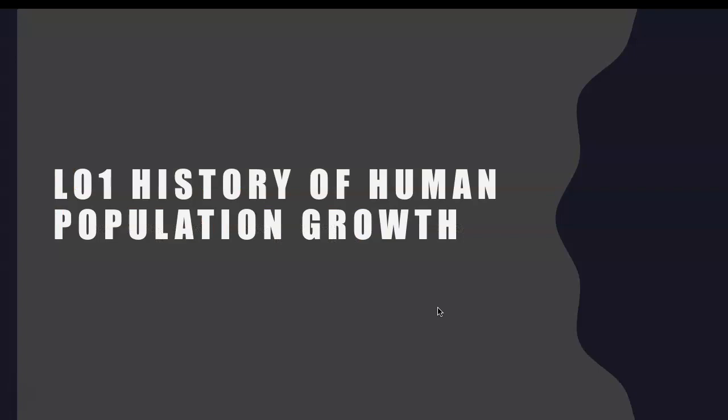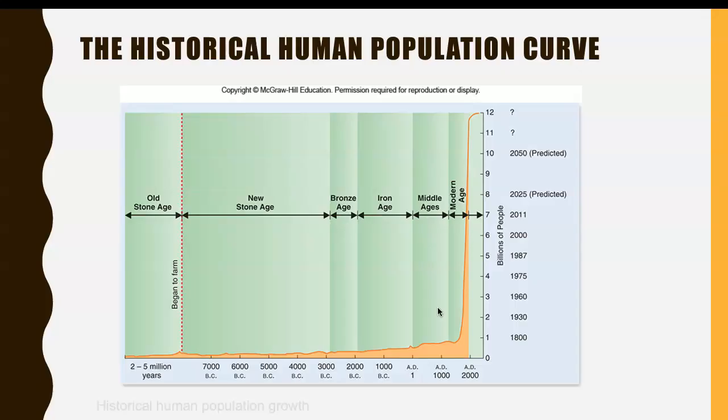So the first goal we are going to reach is the history of human population growth. So we are going to have an idea how the population is growing globally.